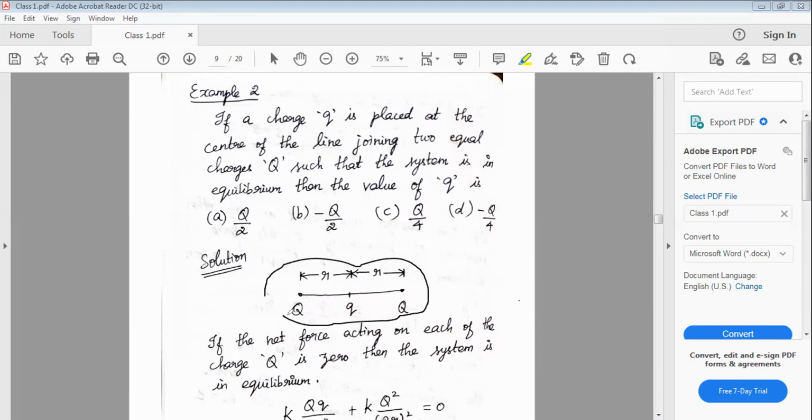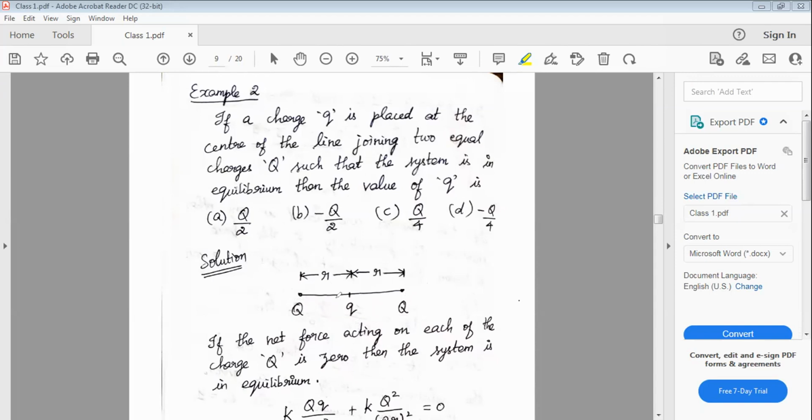You can see here two charges represented by the letter capital Q, and small q is placed at the center of the line joining these two equal charges. Equal charges means their magnitude is same and the sign is also same.